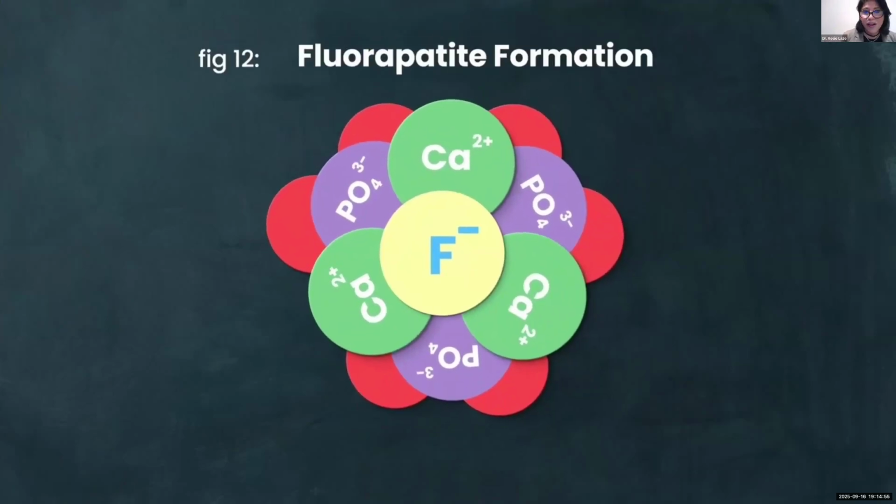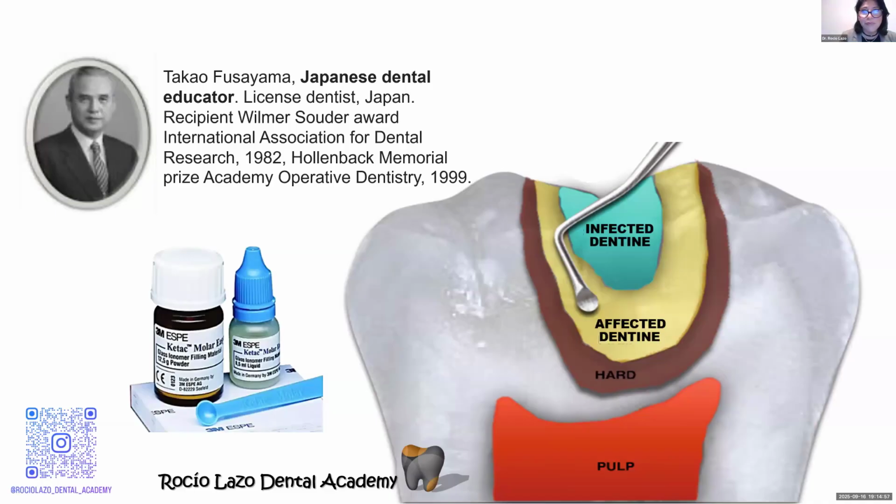But in the affected dentin that is demineralized, if you use a regular glass ionomer with fluoride, it is impossible for the fluoride to find calcium and phosphate ions. So if it does not find calcium and phosphate ions, it's impossible to form fluorapatite. That's why sometimes this kind of treatment works or not.